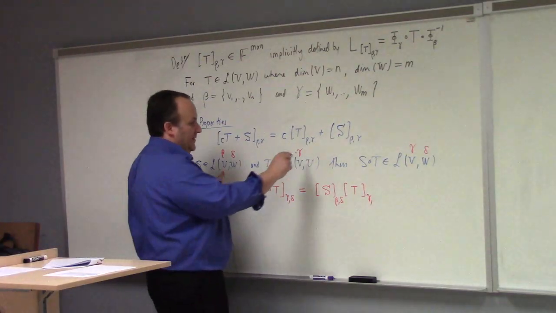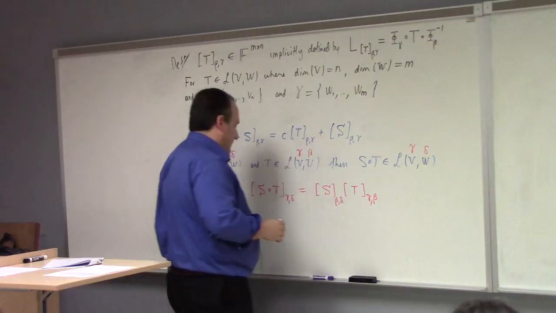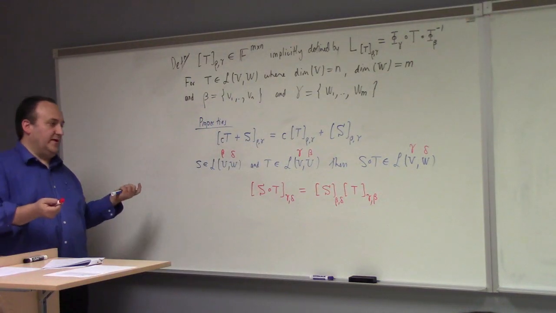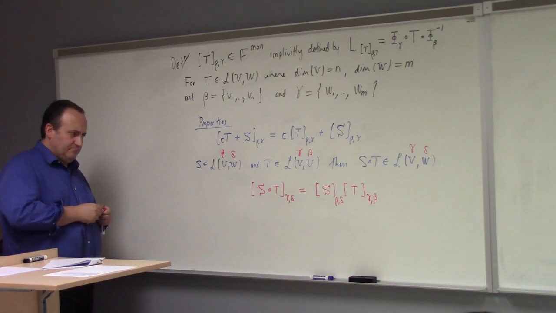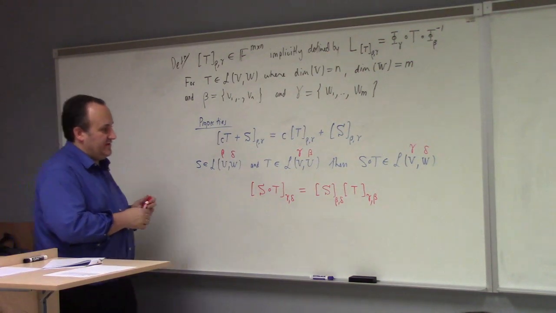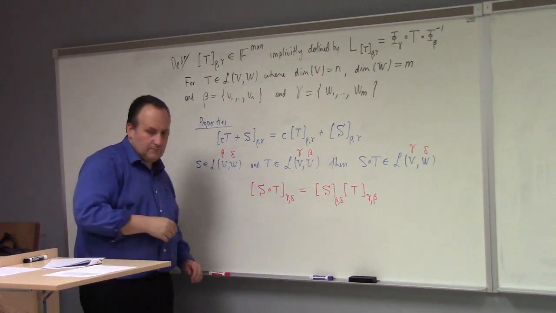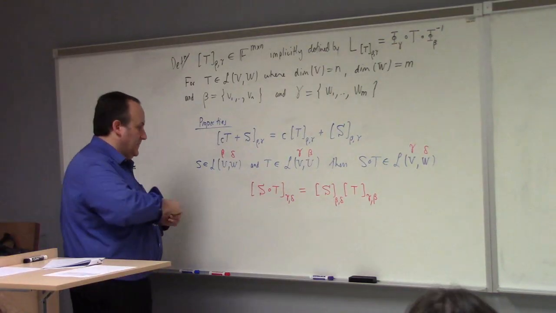So I said U goes with beta, right? Which is just what you'd hope, all right? And the proof of this, we can prove it pretty much directly from the definition.